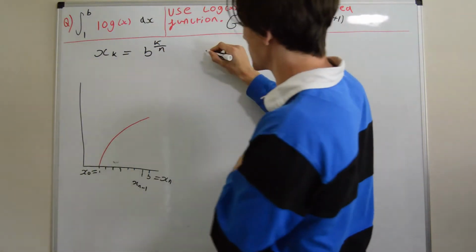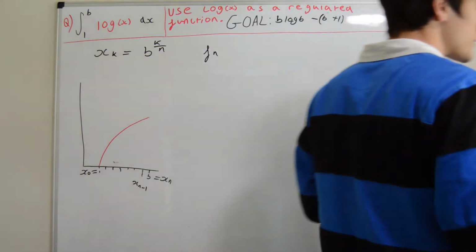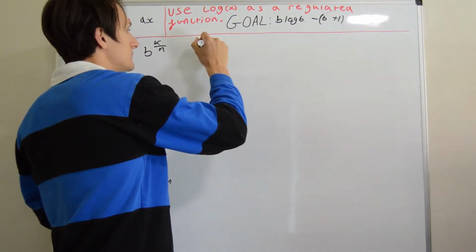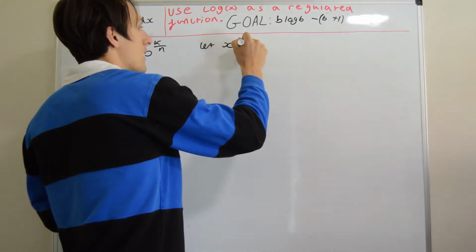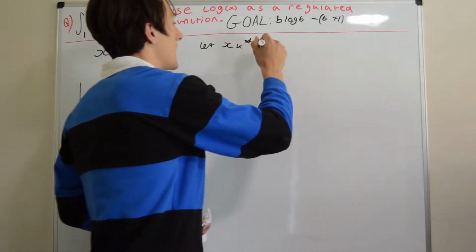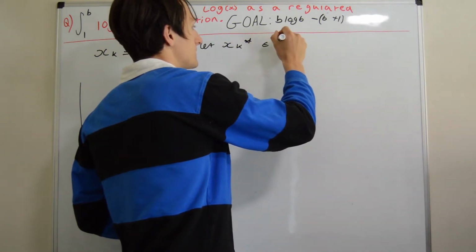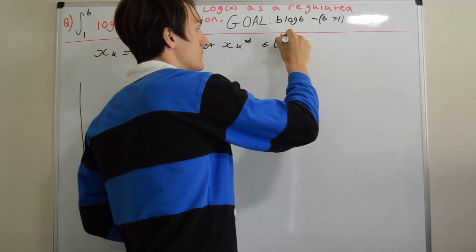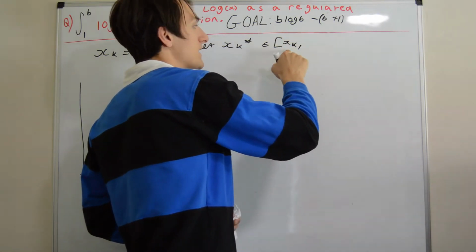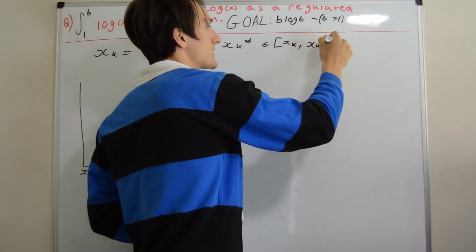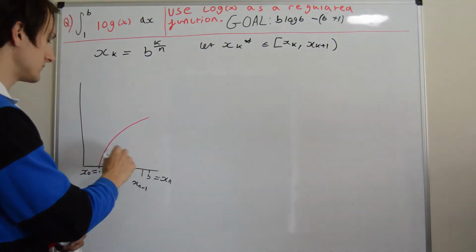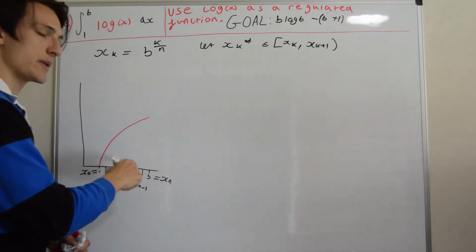So first of all, say we have some random point x_k star, which can be literally any point, and x_k star is within the interval closed on the left, from x_k to x_{k+1}, but open on the right. This defines any point in here, except for b, but we'll consider that in a minute.